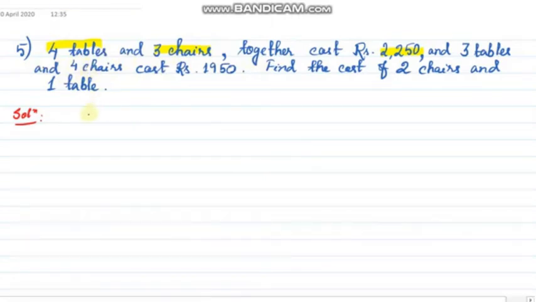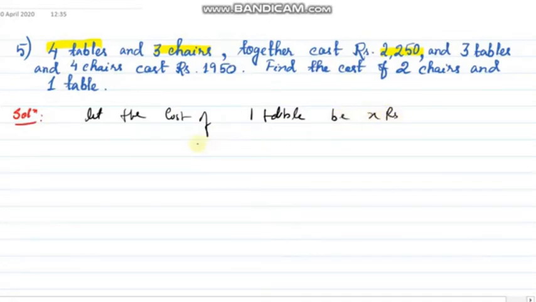So let the cost of one table be x rupees and the cost of one chair be y rupees. So first, 4 tables. What will be the cost of 4 tables? 4x. My handwriting is not good over there.